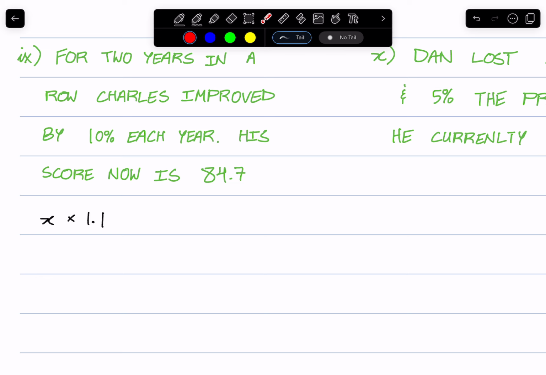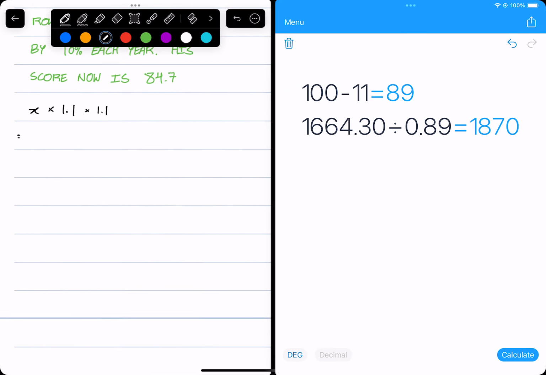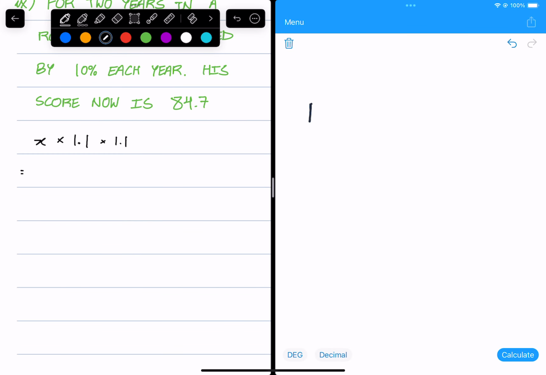But since this happens 2 years in a row, we're going to multiply this again by 1.1. So let's take a look when we do that, 1.1 times 1.1. 1.21. So this is going to give us 1.21x.